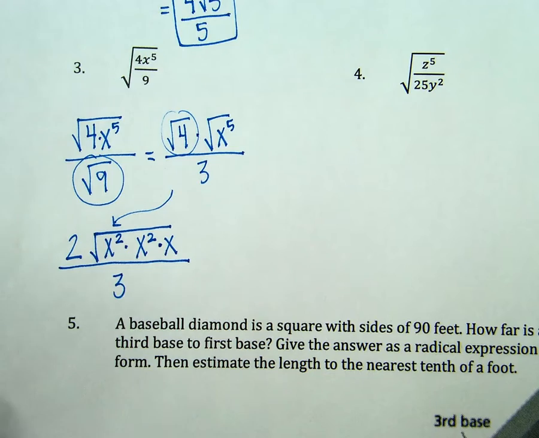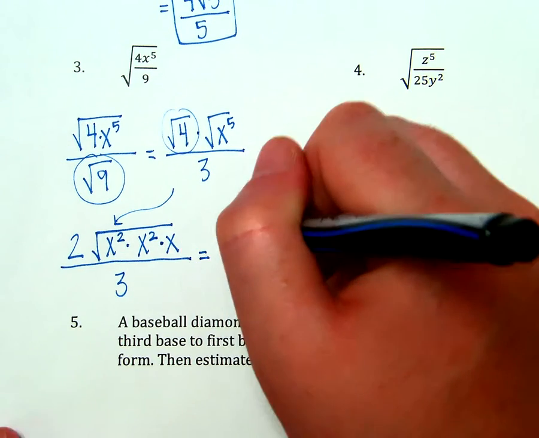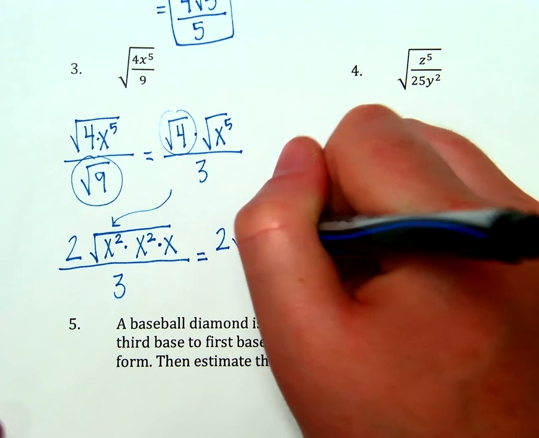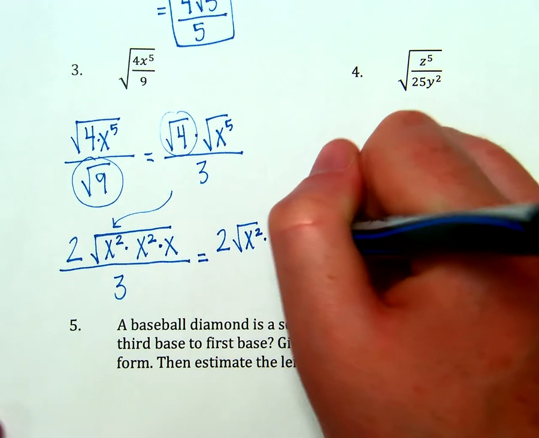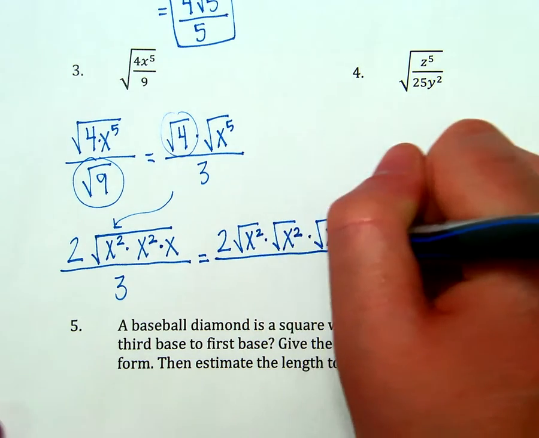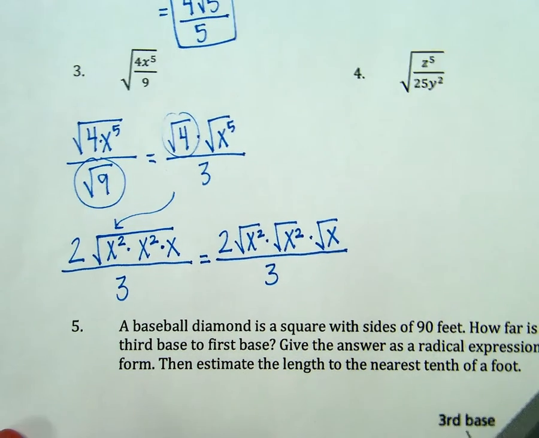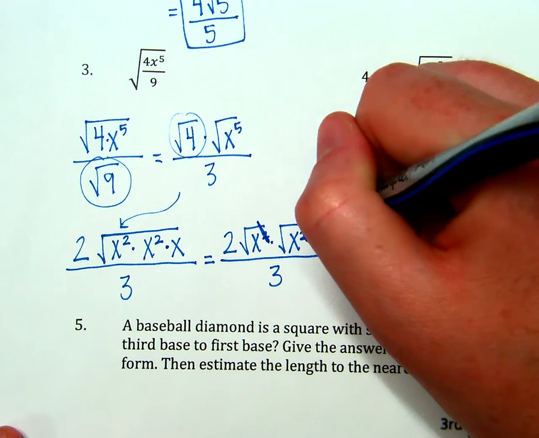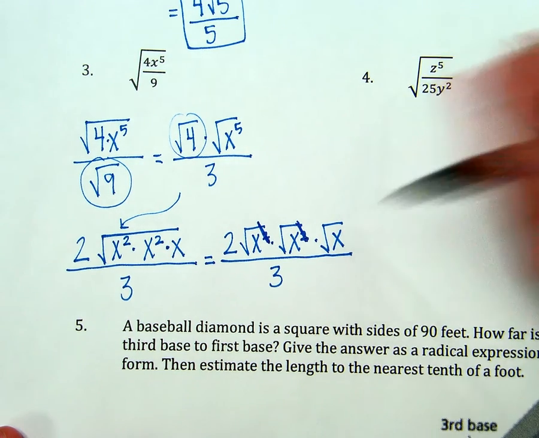We do this because up top now we have that plain 2 out front, but I can split those x squareds and put them each under their own square root, like that, and then put it over 3 in the bottom. That way my squareds and my square roots will cancel each other out. There's nothing to cancel out here because I don't have a little 2 for my x.